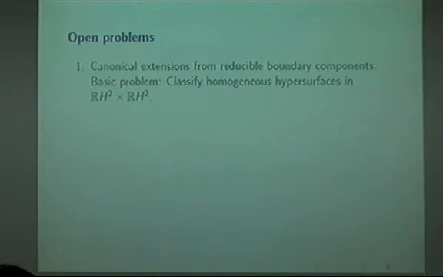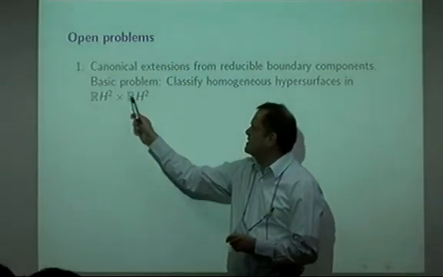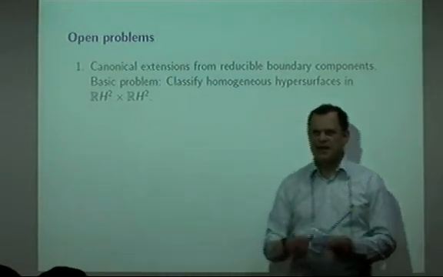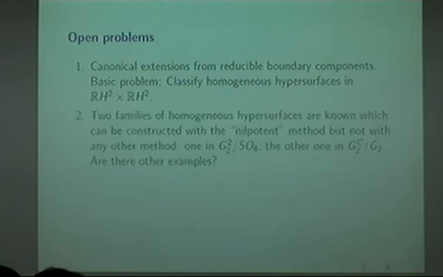So this is the problem which we cannot solve yet. We know of course the homogeneous hypersurfaces in each of these planes, but we don't know how to construct those in the product. So this is the problem we are stuck with for the canonical extension.